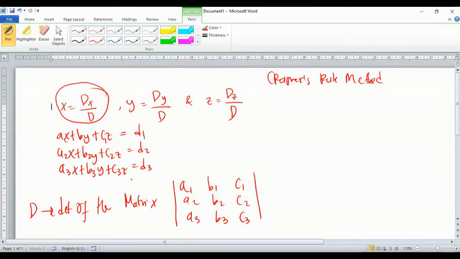How about the others? For Dx, the meaning is they are talking about the x column. This is the x column, y column, z column, everyone. So from here, they give us the previous meaning about Dx.